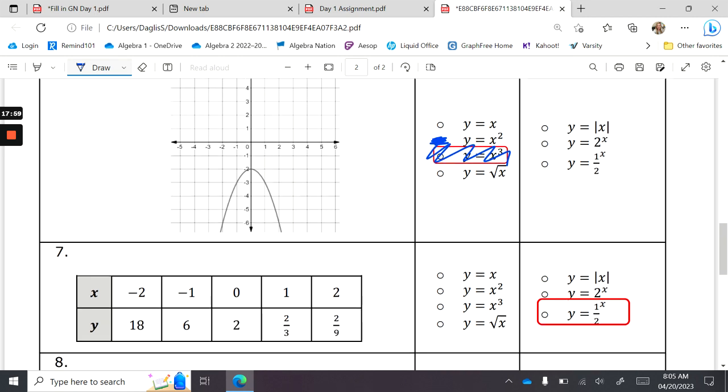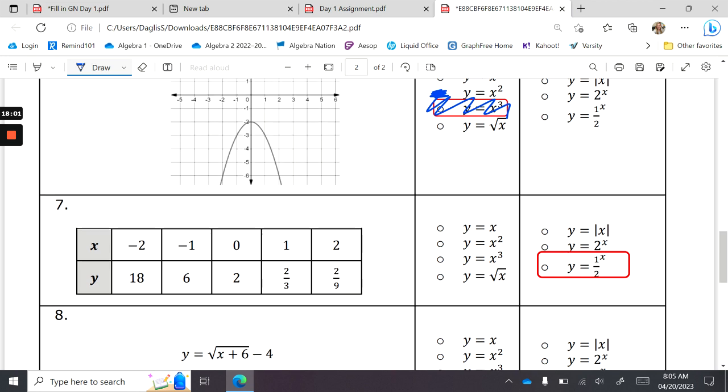All right, number 7. What's happening as we move forward? So 18 to 6, that's either what? Subtract by 12 or divide by 3. From 6 to 2, that's -4. Oh, but it's also divided by 3, right? So what's happening every time? We're dividing by 3 each time.